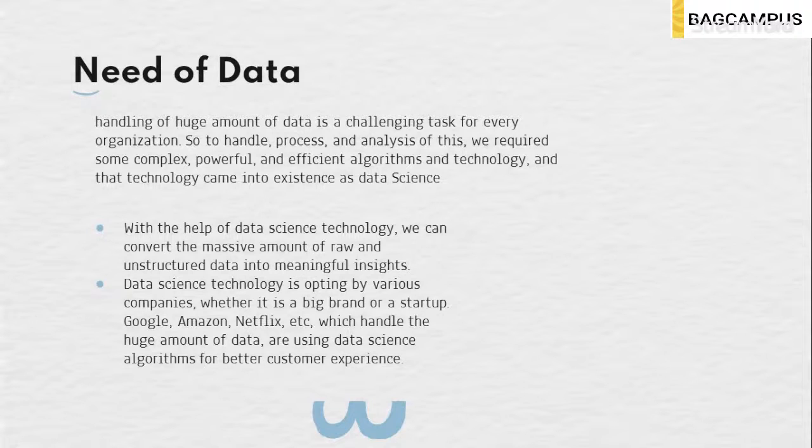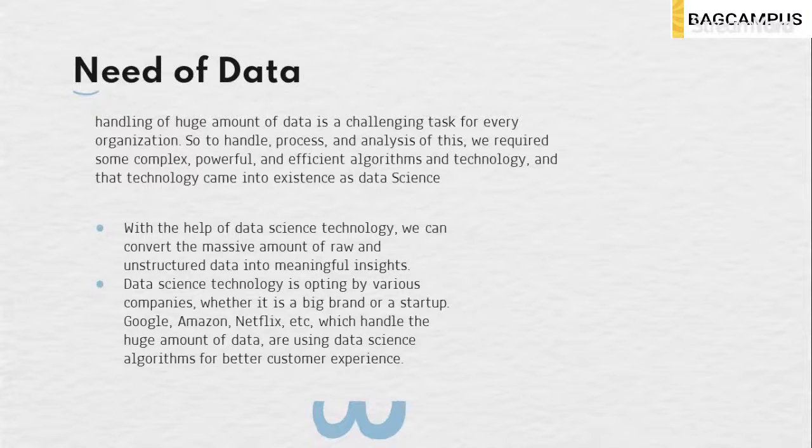To handle, process, and analyze this, we require complex, powerful, and efficient algorithms and technology. And that technology came into existence as data science. We learned that with the help of data science technology, we can convert massive amounts of raw and unstructured data into meaningful insights.